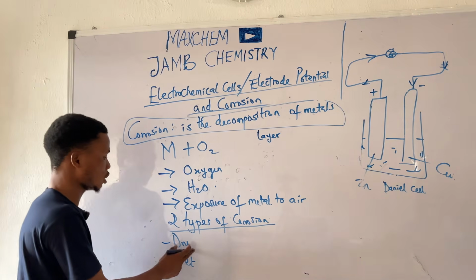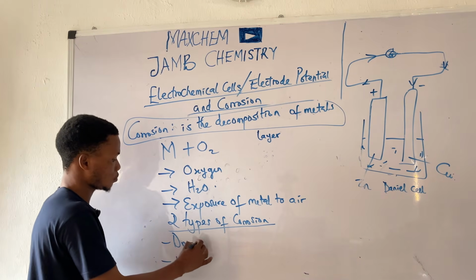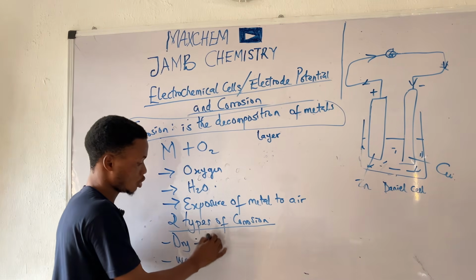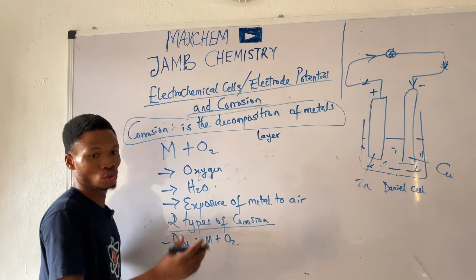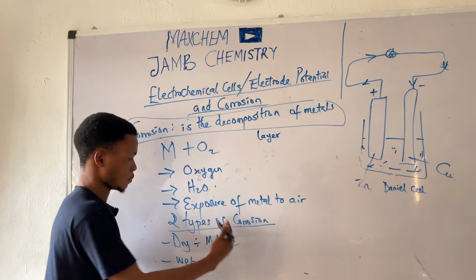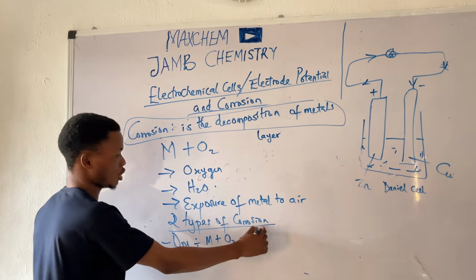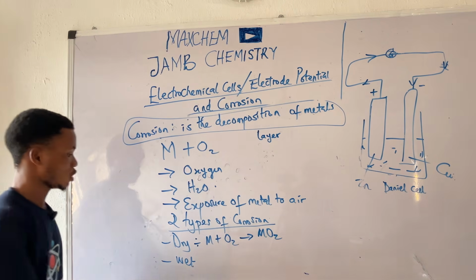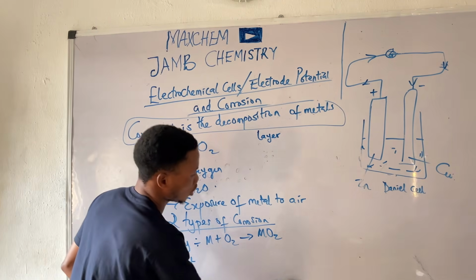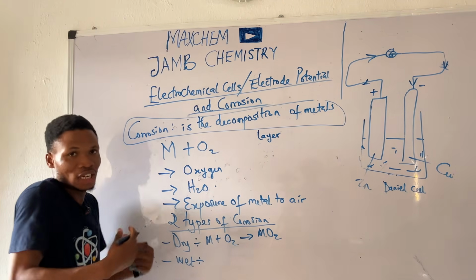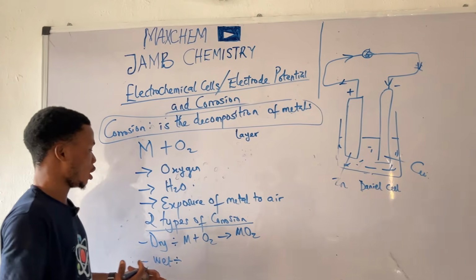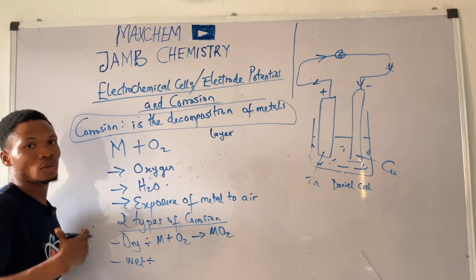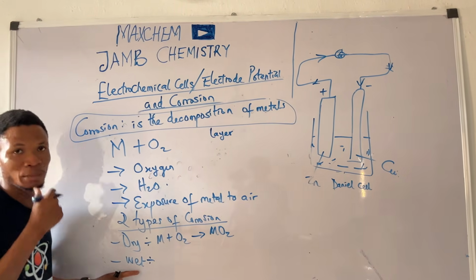So dry corrosion is when our metal is exposed to air, so then it forms a metal oxide. But wet corrosion is a forced reaction. We can carry the reaction out in the laboratory.